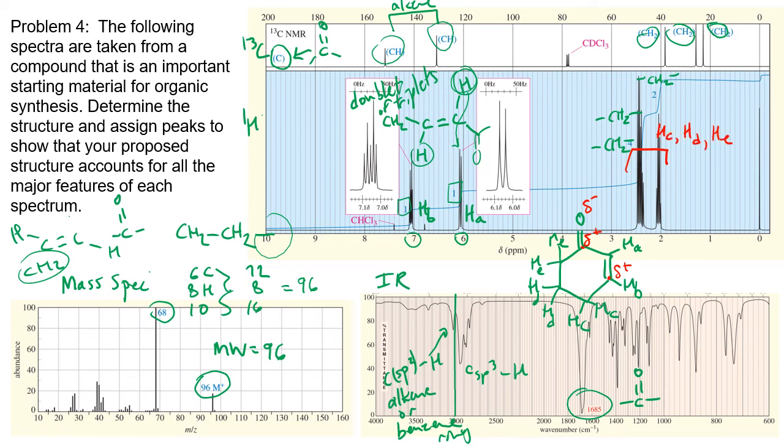All right, so there are all those signals. And so this matches up with our mass spec data. I wonder what that fragment at 68 is, though. So 96 minus 68 in the mass spec. What does that correspond to? This would be 28.